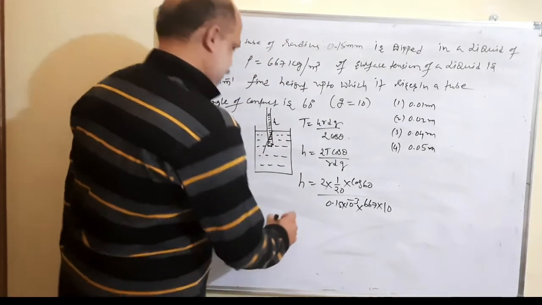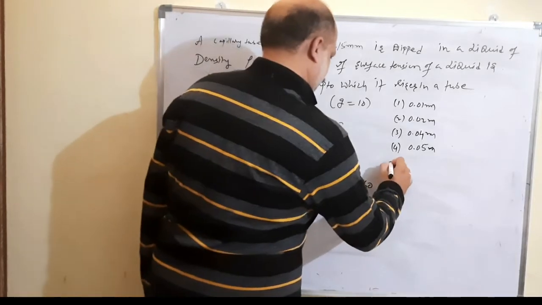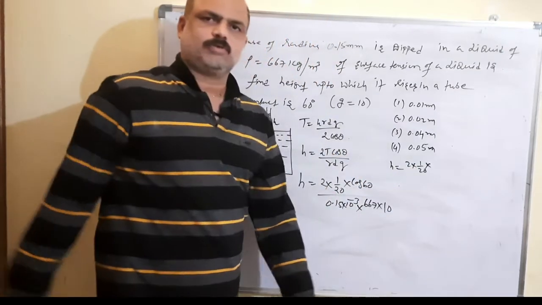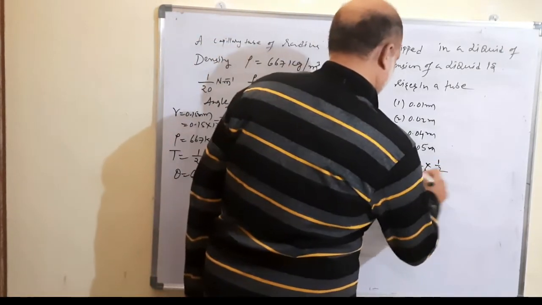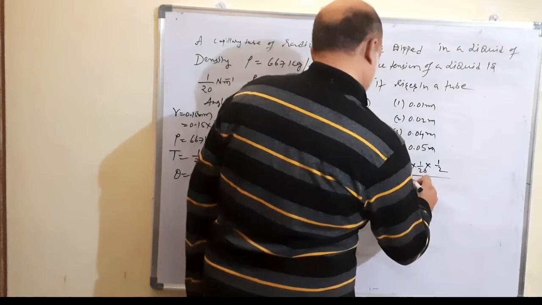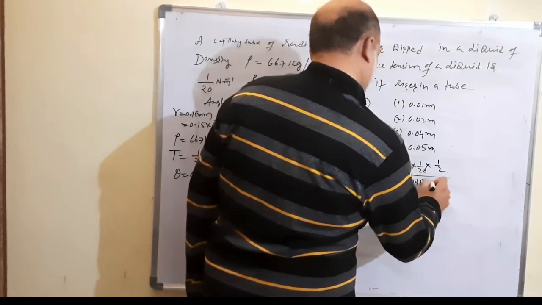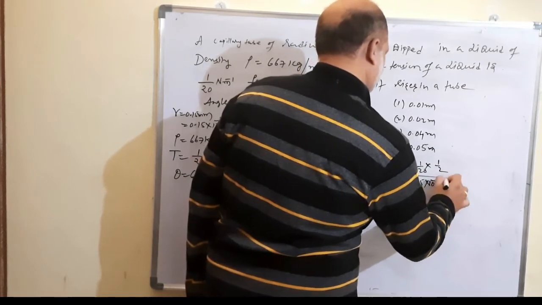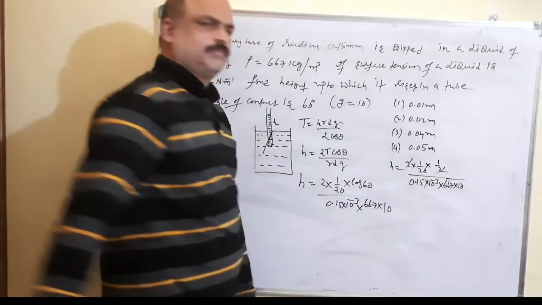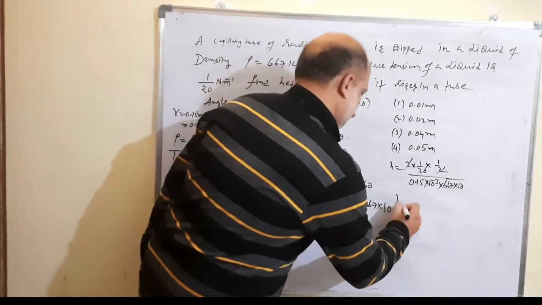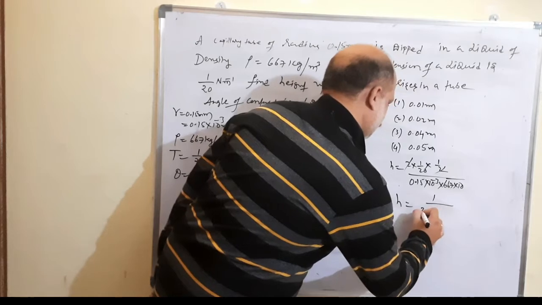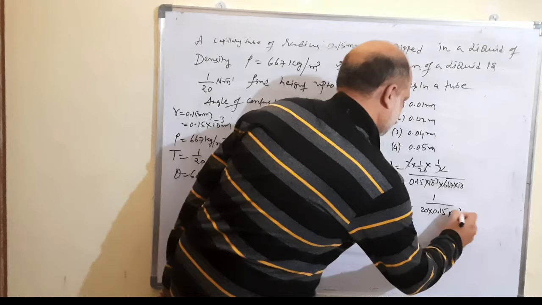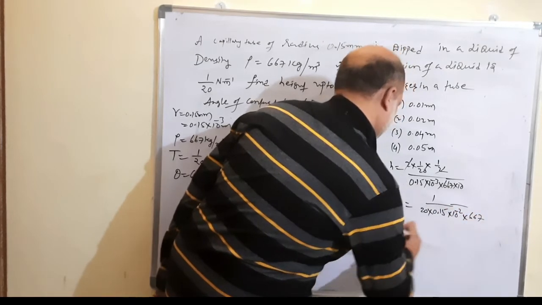Right, here h is equal to 2 into 1 by 20 into cos 60. Cos 60 is 1 by 2, divided by 0.15 into 10 power minus 3 into 667 into 10. Here the 2 cancels. Now h is equal to 1 by 20 into 0.15 into 10 to the power of minus 2 into 667.